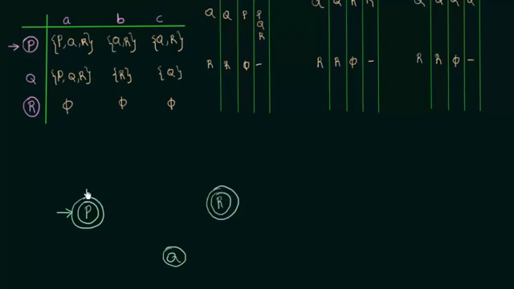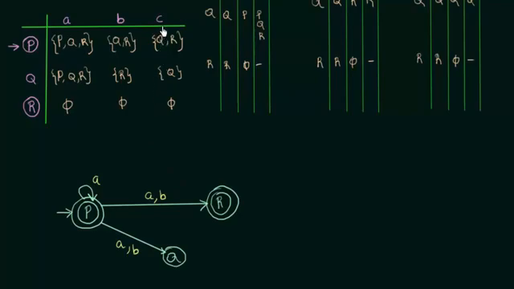Now let's see, P on input A goes to P, Q and R. It goes to P itself, it also goes to Q, and it also goes to R, that is on input A. Okay, and then P on input B, where does it go? It goes to Q and R. So instead of drawing another line, I'll just write here B. That means on input B also it goes to Q, and on input B it also goes to R.